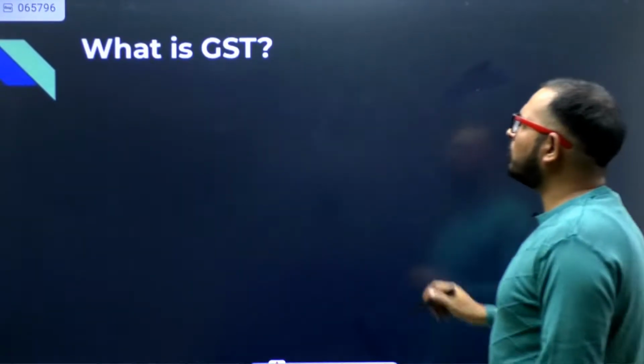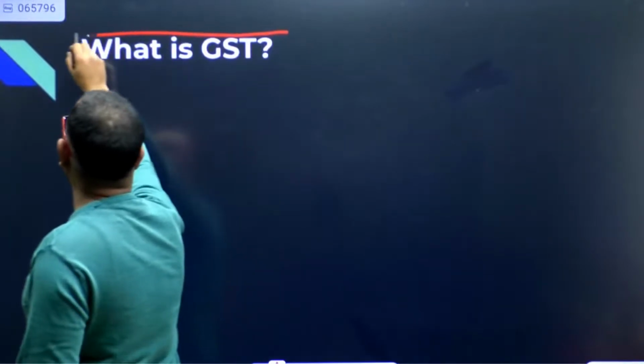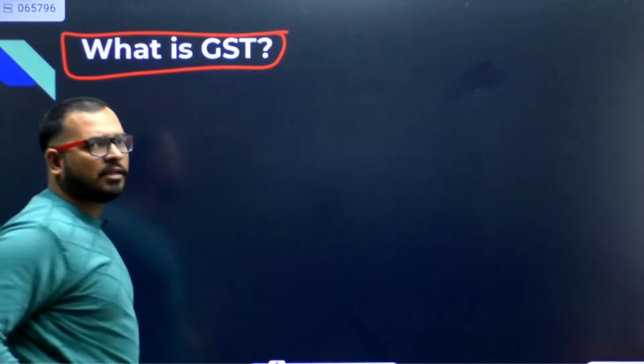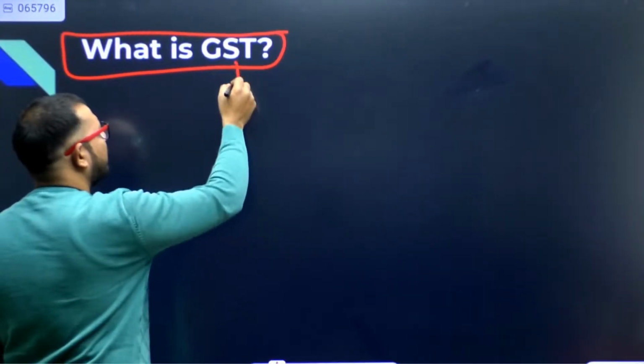Now let's talk about GST. What is actually GST? Let's understand the definition.